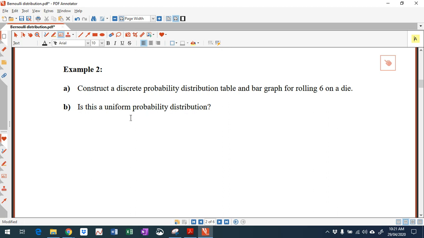Alrighty, now part 2. Construct a discrete probability distribution table and bar graph for rolling a 6 on a die. Okay, so let's have a look at how we're going to do that.